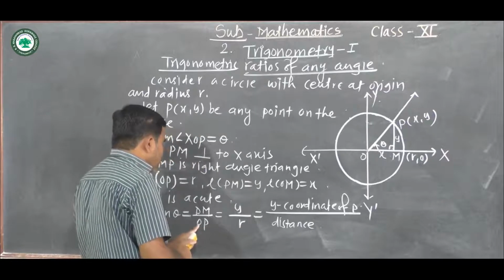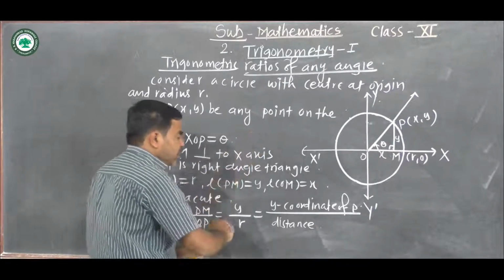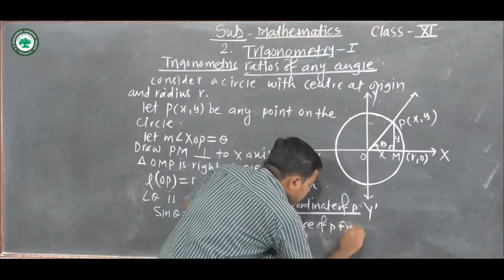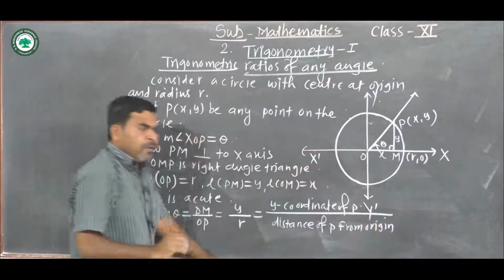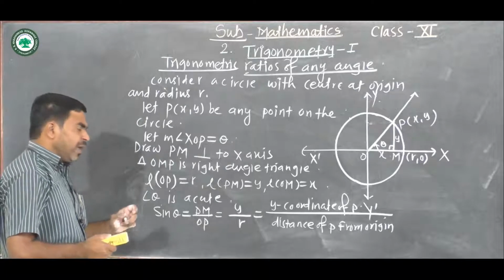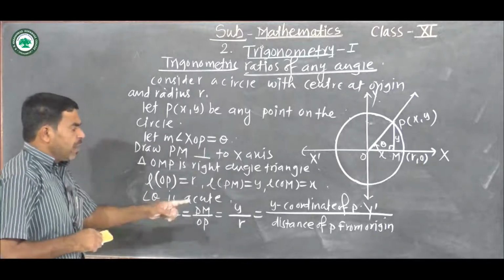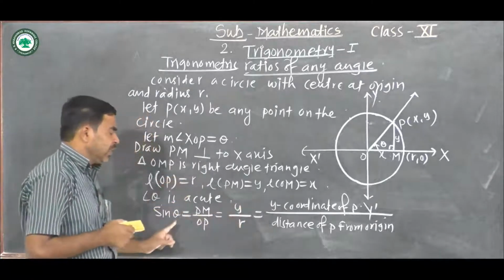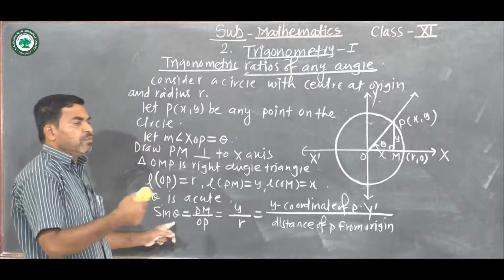R is length of OP, and length of OP is the distance of the point P from origin. So if we want to find out the sine ratio of an angle theta, we must know the y coordinate of the point on the terminal arm of the angle theta and the distance of the point P from the origin.